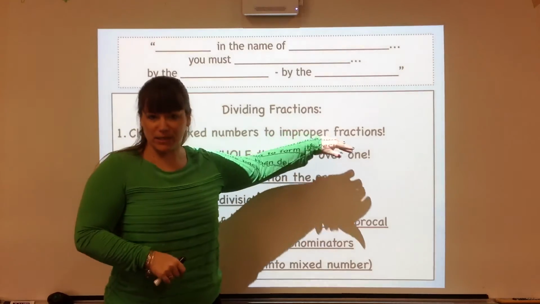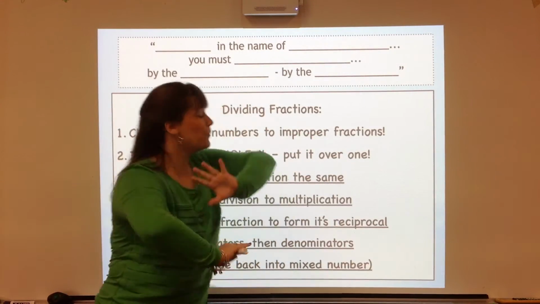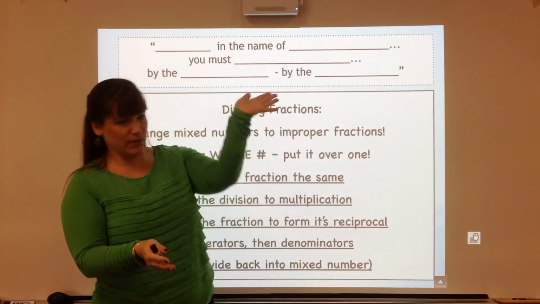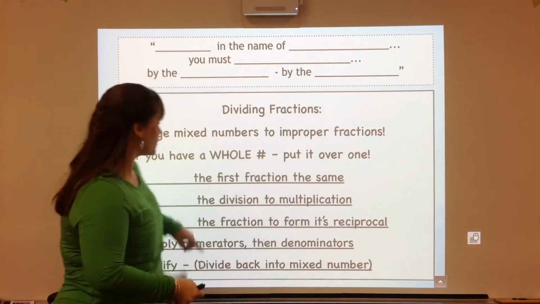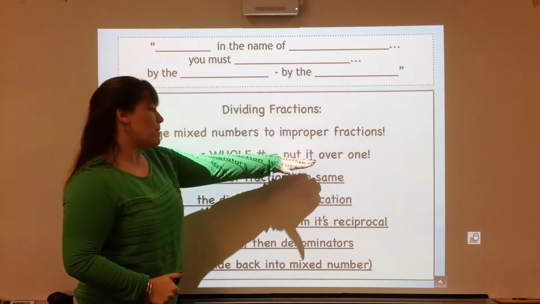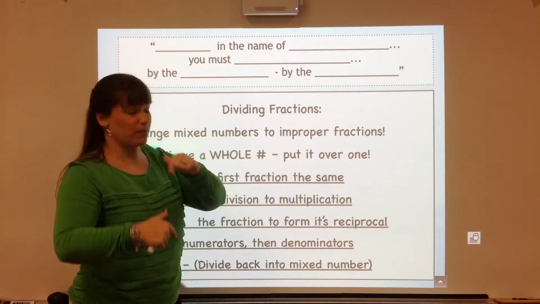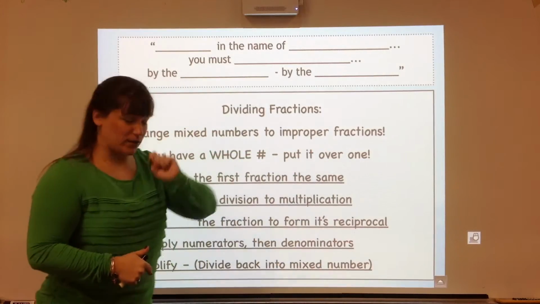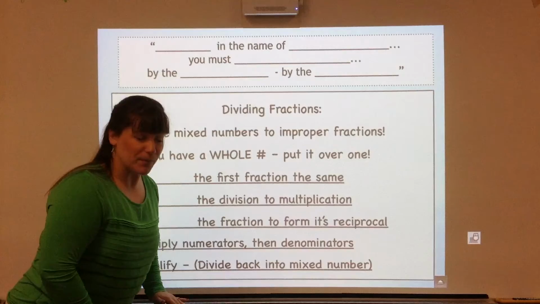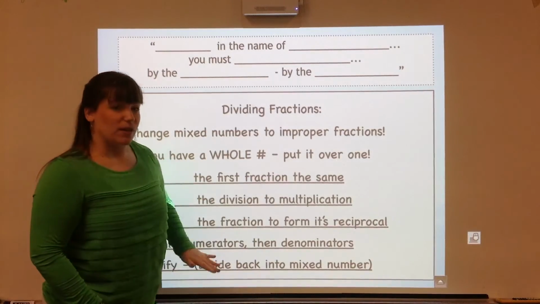If you have mixed numbers, we're not going to have them tomorrow. You will have to be changing them to improper fractions first. Save that for 4.8. If you have a whole number, we will have those today. Remember, and tomorrow, put it over 1.